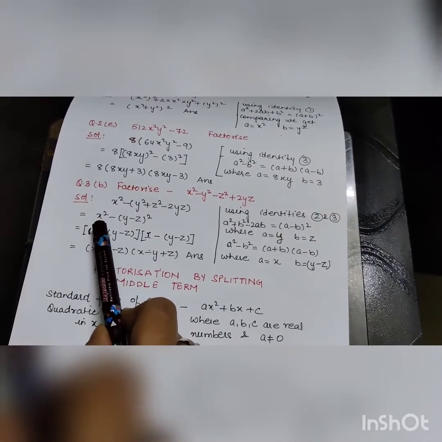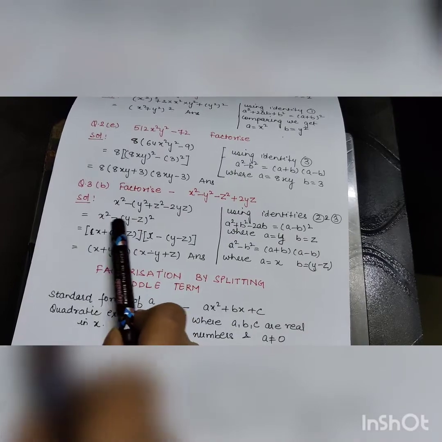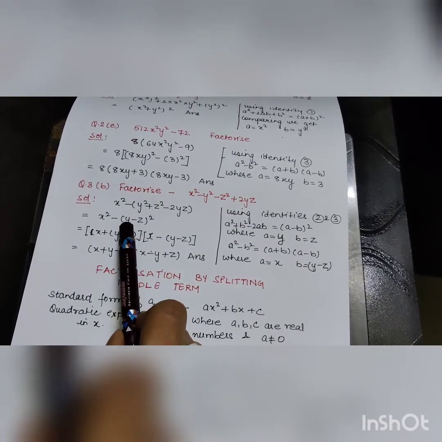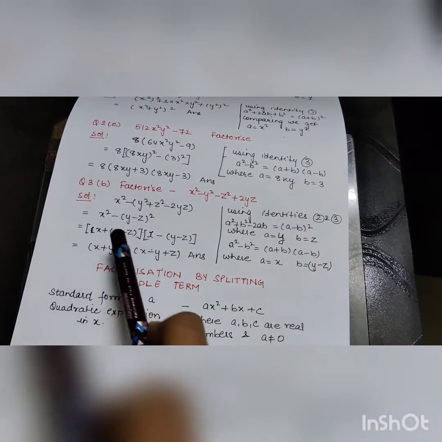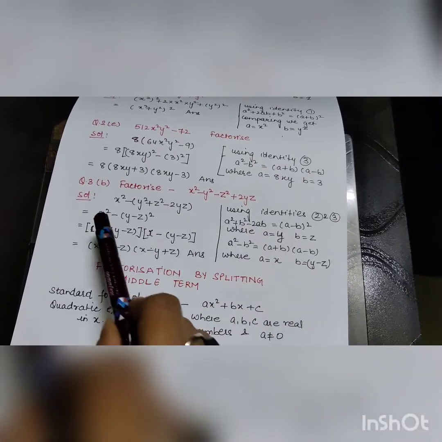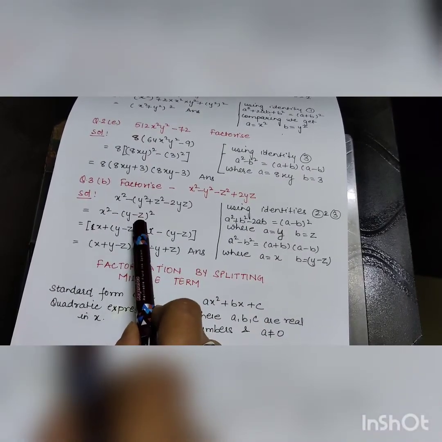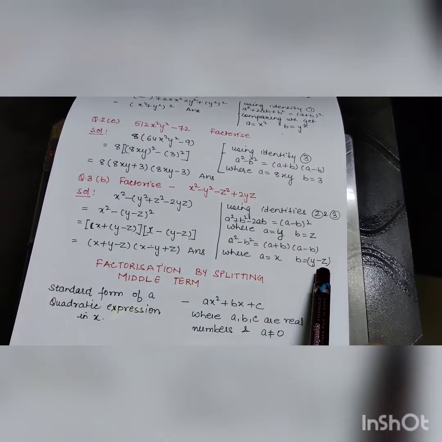Now you can see here that another identity can be applied to it, which is a square minus b square, which is equal to a plus b into a minus b. And after comparison, we can see that a is equal to x and b is equal to y minus z.